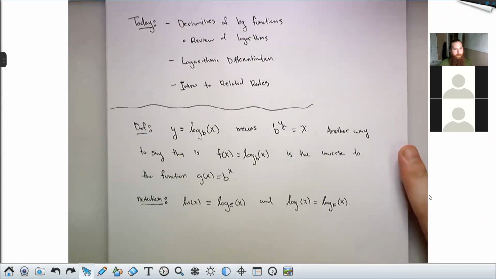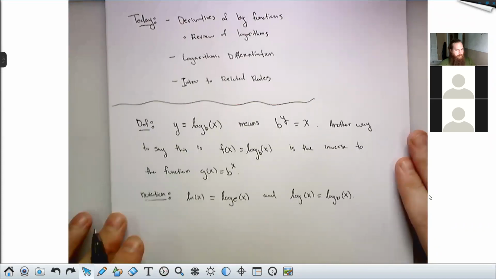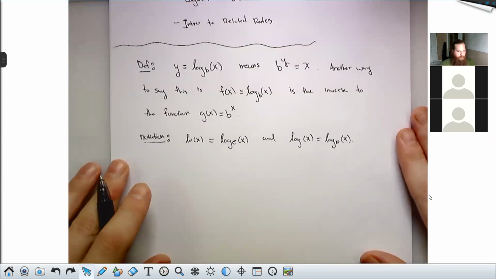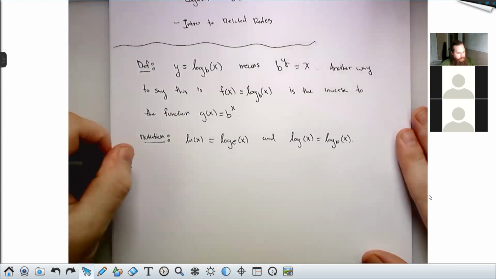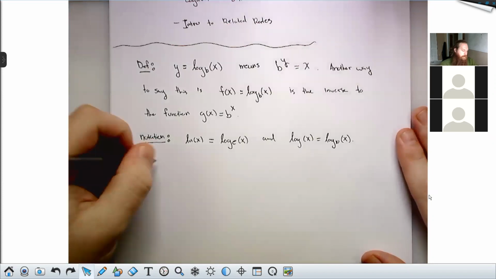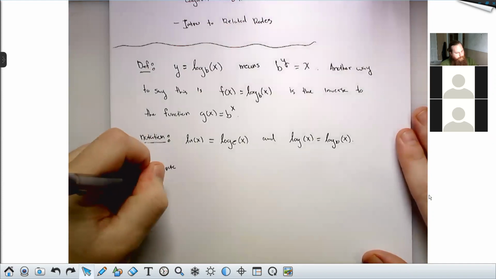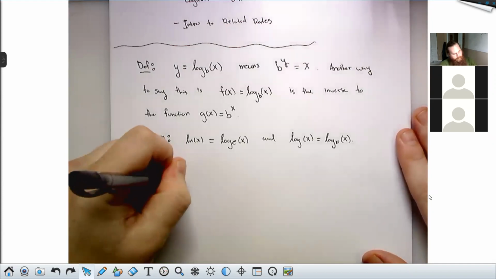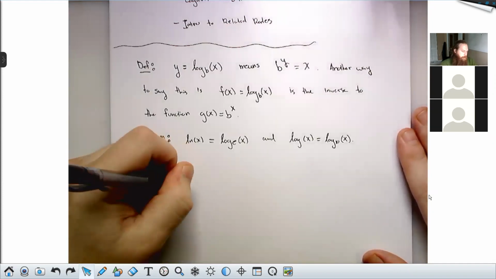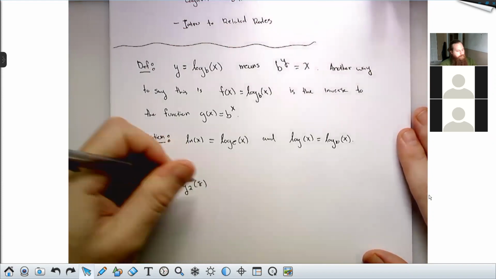Okay, so hopefully this is all review, but I know that it's very possible to forget some of these details. So let's, just for fun, compute the base 2 log of 8.